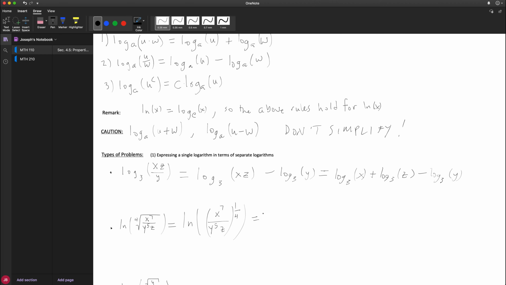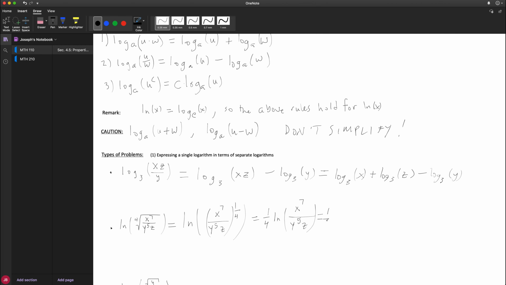Okay, so using property 3, we see that we have an expression raised to the power, in this case 1/4. So that 1/4 will come out front like so. And now we see that we can apply maybe properties 2 and 1 as we go along. So let's see, now let's be careful here.